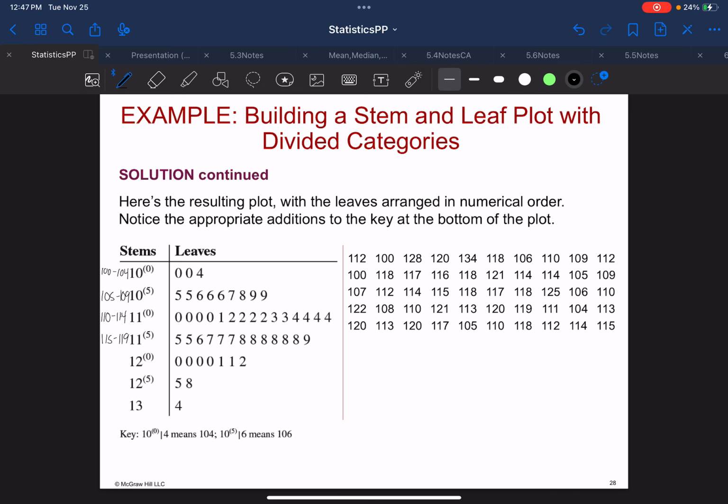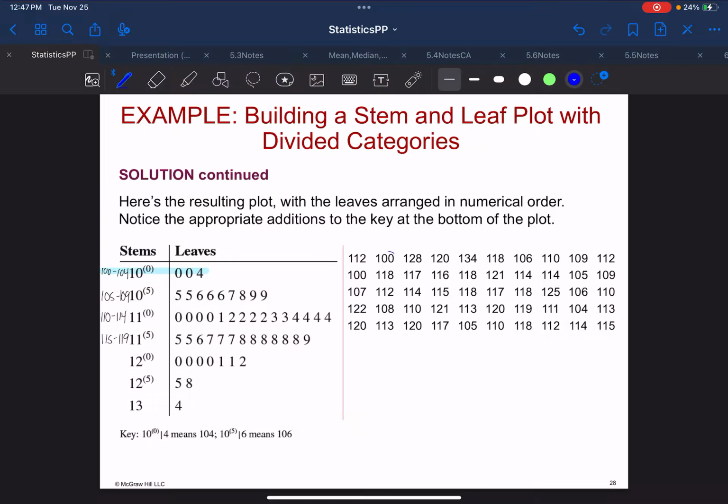So I'm going to go over the first 2 with you, and then you see the rest are filled out here. So for the first category here, we're looking for numbers that fall in that class of 100 to 104. So let me use blue.